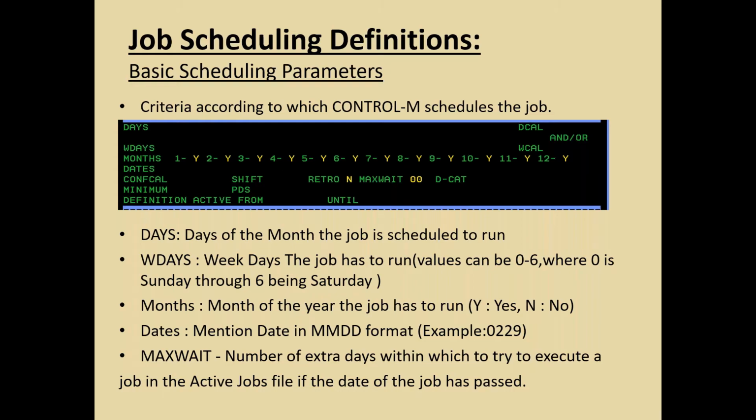So if you change max wait to 90, your job will be there in Control-M for 90 days, whether the next cycle comes or not, for that particular audit.